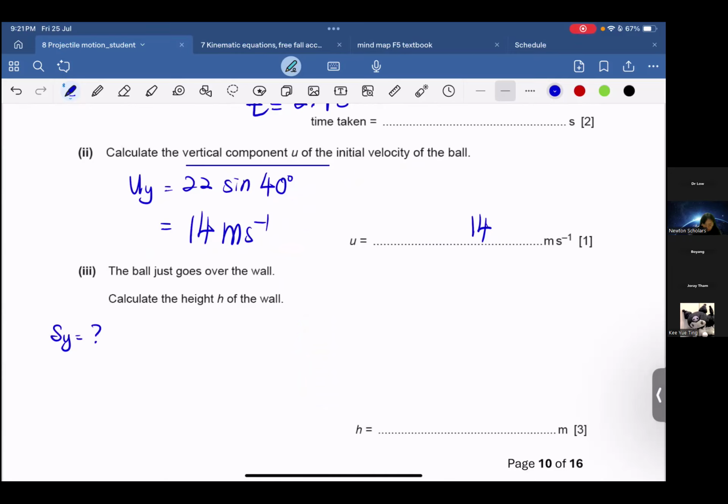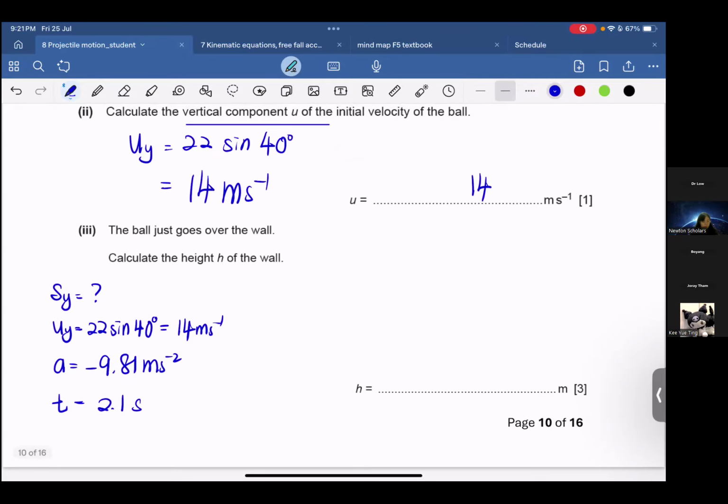Then here, your UY. List down the information regarding the vertical component. Then from there, find out what formula you can use.